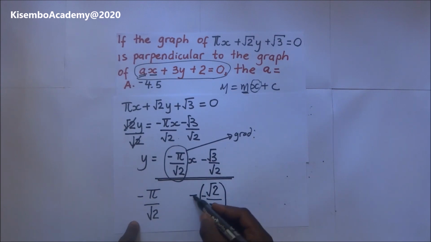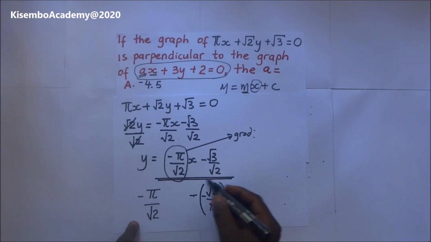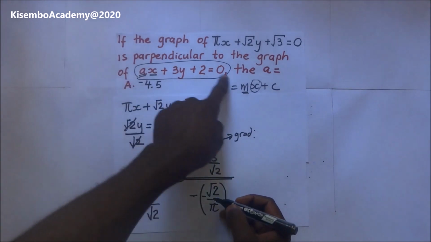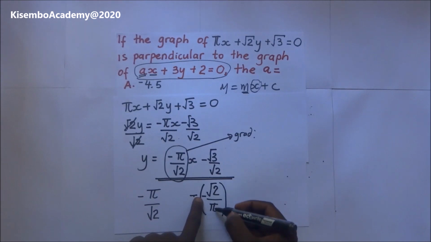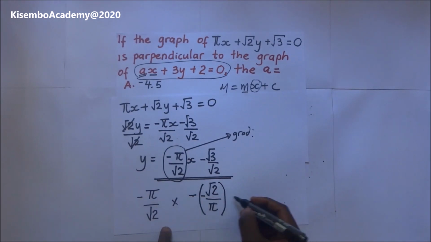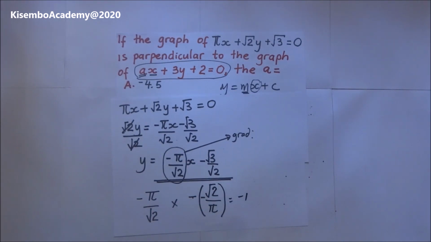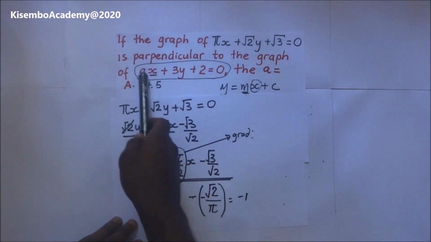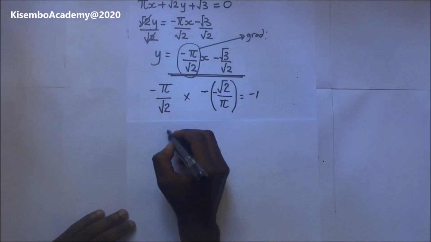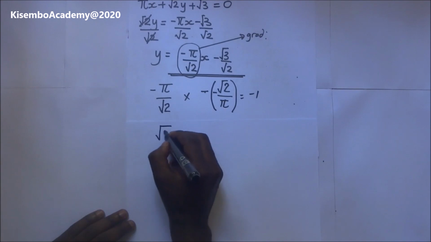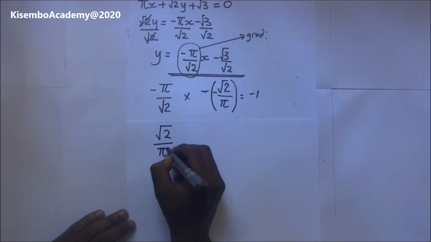Of course, negative times negative gives a positive. So the gradient of this is actually positive root of 2 over pi. And when you multiply these two, it's supposed to give us negative 1. So we know now the gradient of this is a positive square root of 2 divided by pi.